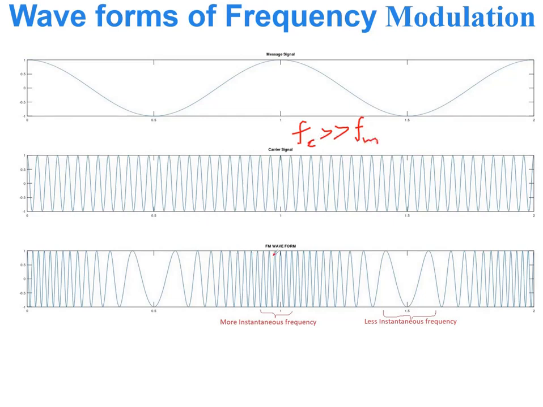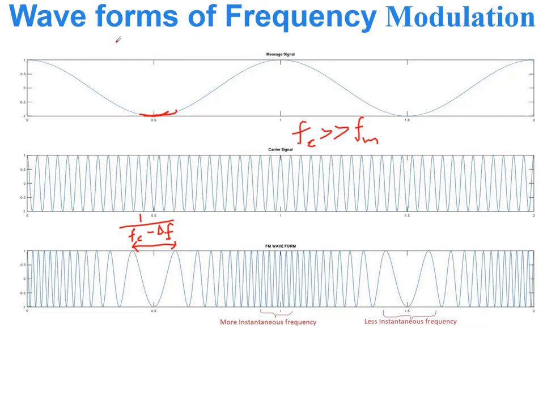Then the last plot represents your frequency modulated waveform, and here at the lowest amplitude the frequency is very low, so the time period, I may note it down like this: 1 upon fc minus del f. Why?